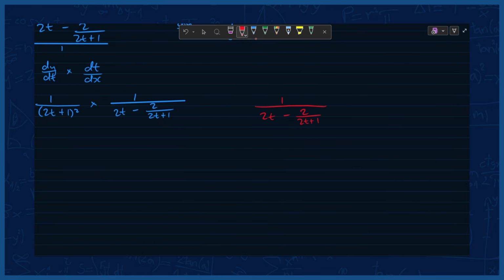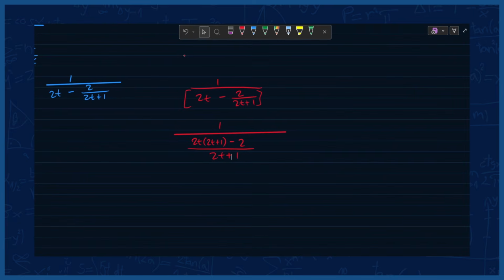So what I can do is I'll find a common denominator inside of this denominator here. So I'm just focusing on that part for now. And I want a common denominator for that. So my common denominator will be 2t plus 1. And so now this becomes my 2t being multiplied by the 2t plus 1, then minus the 2. And let's simplify this. So that is 1 over, here I've got 2t times 2t, so 4t squared.